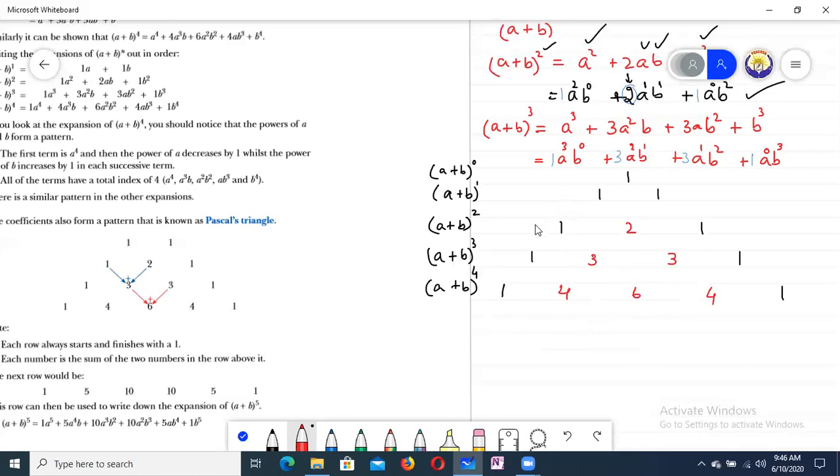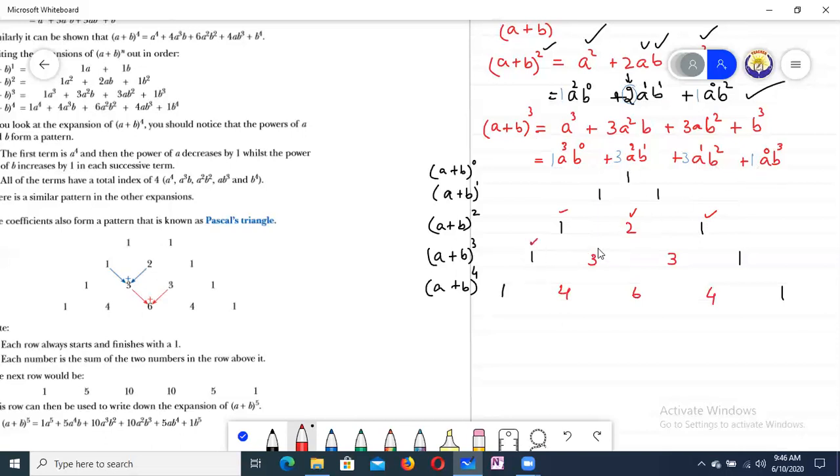Now you can check here (a+b) squared. The first term has coefficient 1, then 2, then again 1. Look, this one. Here (a+b) cubed: the first term coefficient is 1, then 3, then 3, then 1.